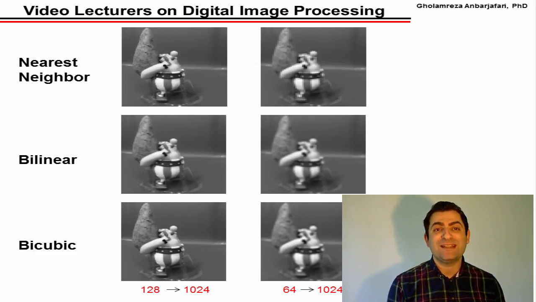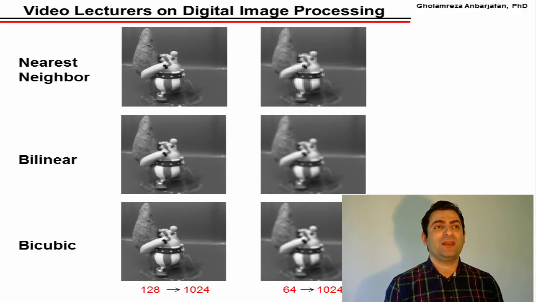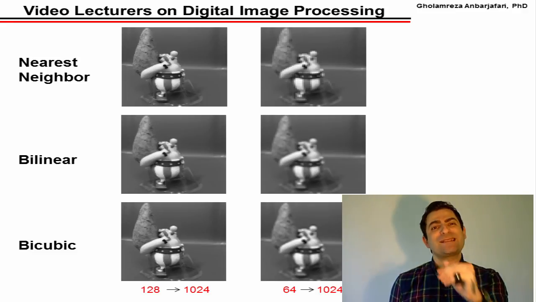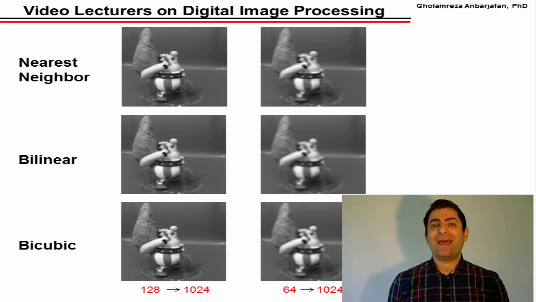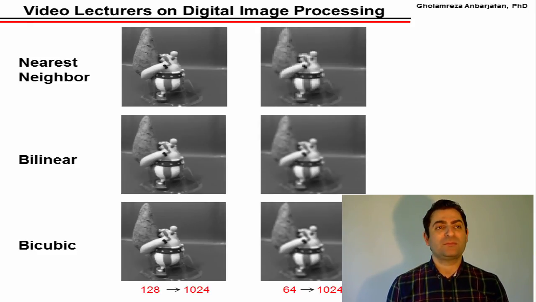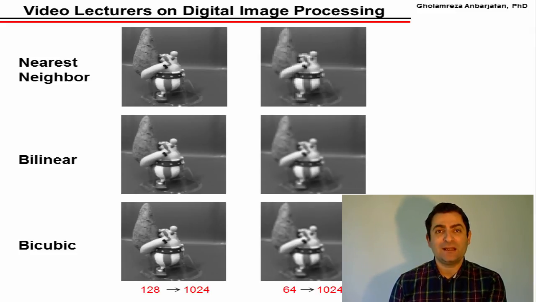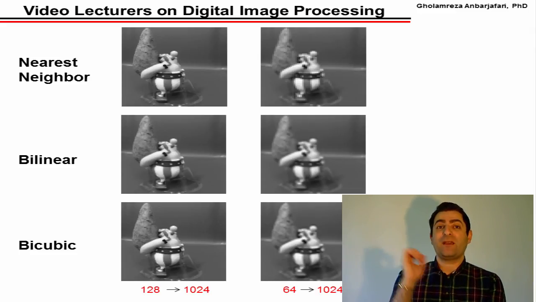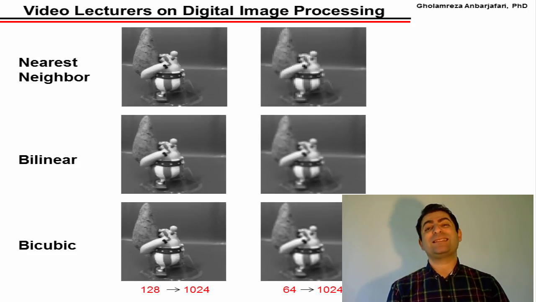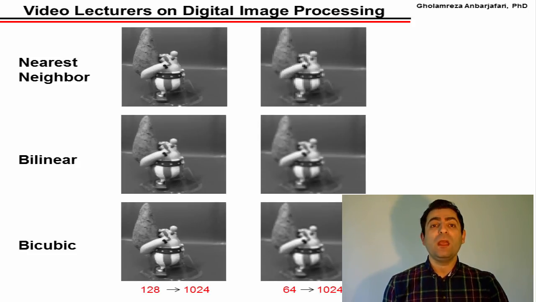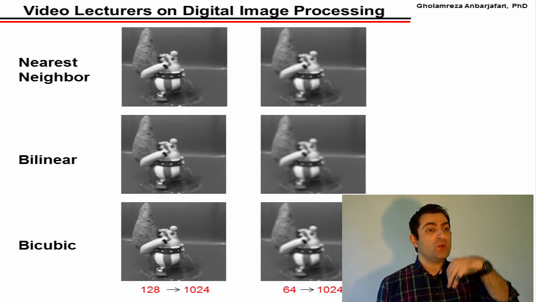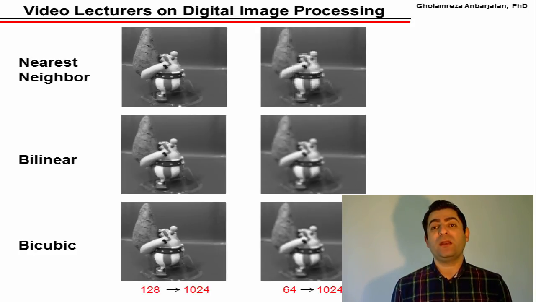As you can see, bilinear interpolation produces a smoother image, and it is an anti-aliasing technique. This blocking effect is called aliasing, so we don't have any blocking effect in the bilinear. And bicubic produces a sharper image compared to the bilinear.